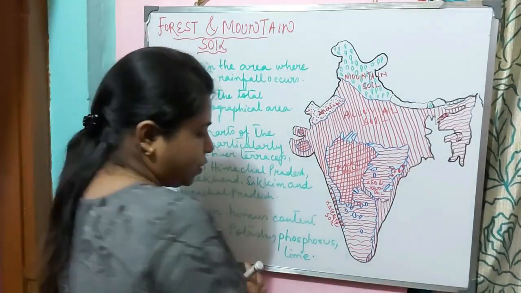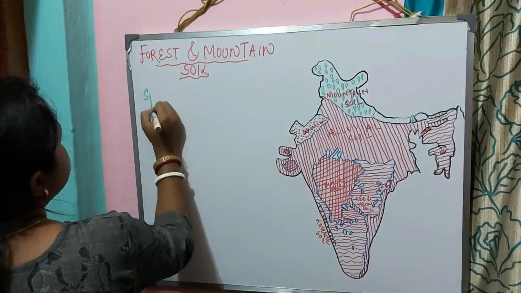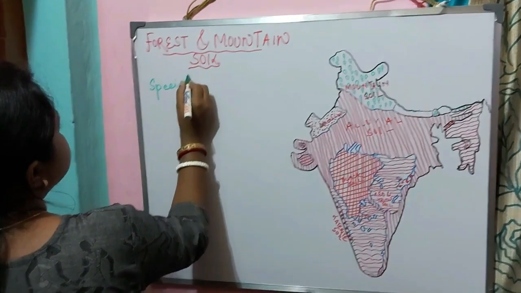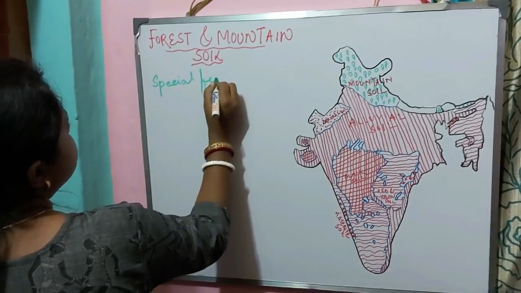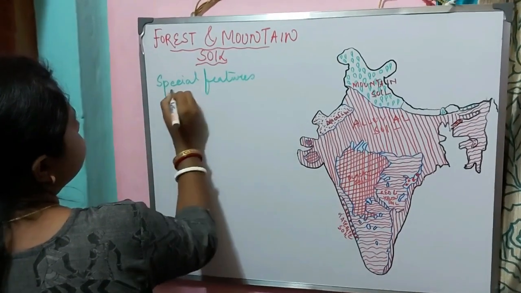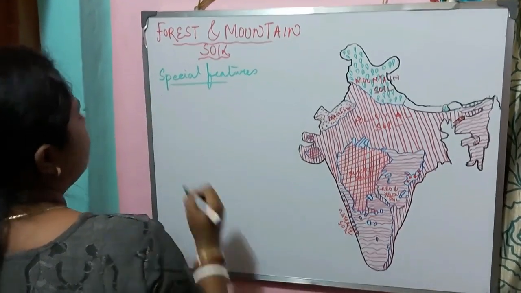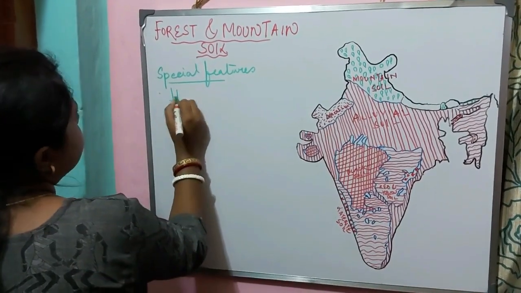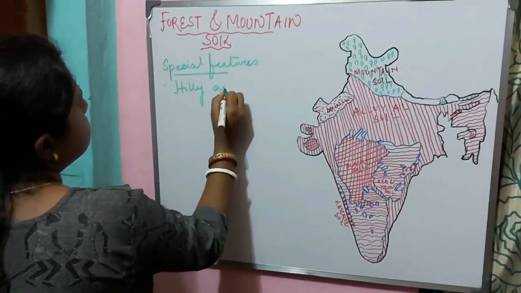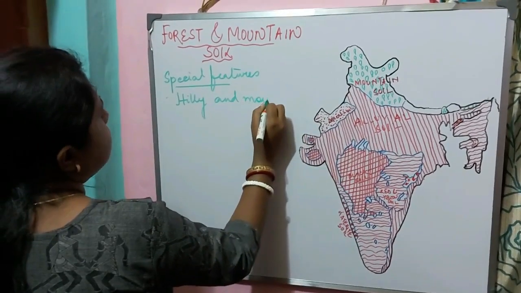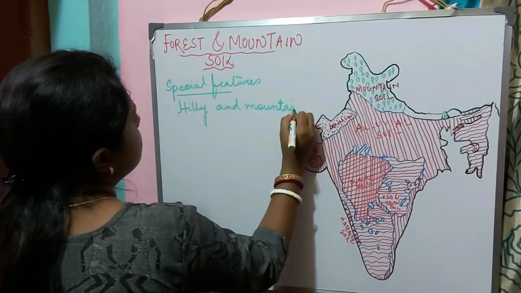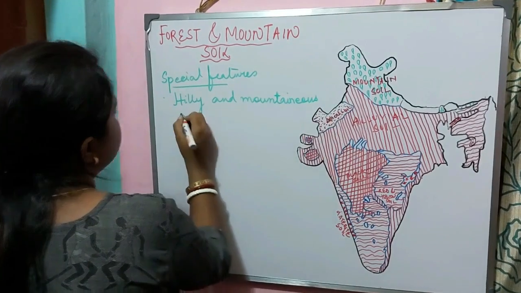Now let us see the other features. What are the special features of this soil? Mainly they are found in the hilly and mountainous region.